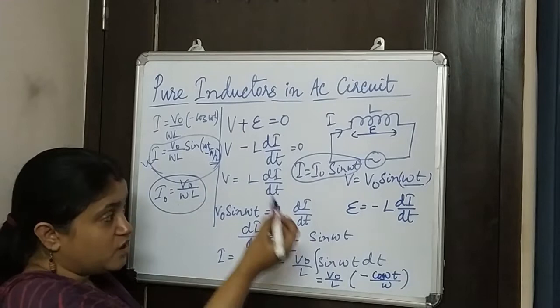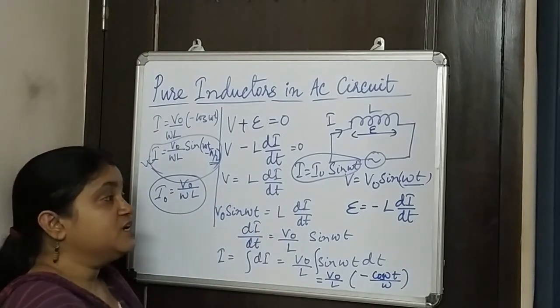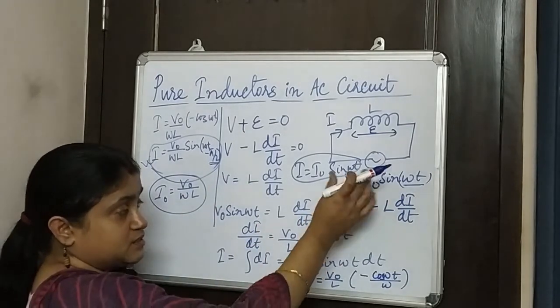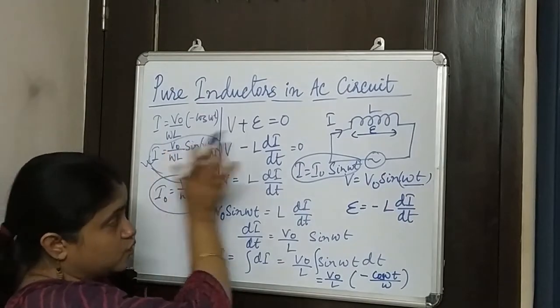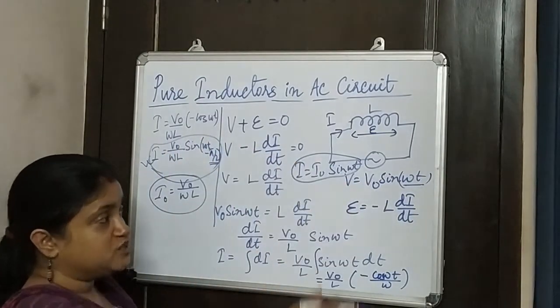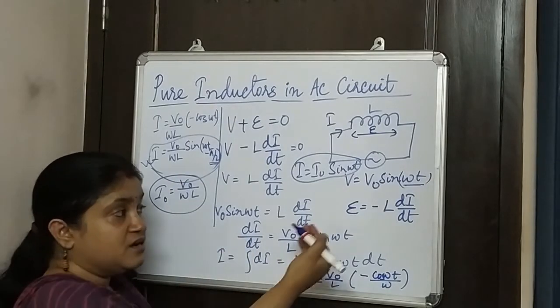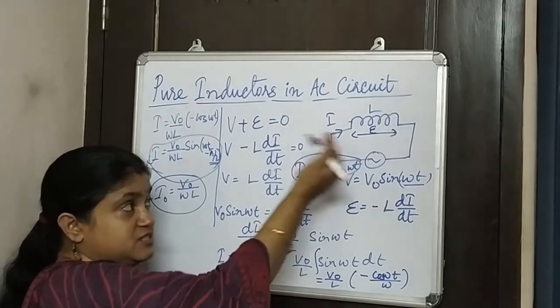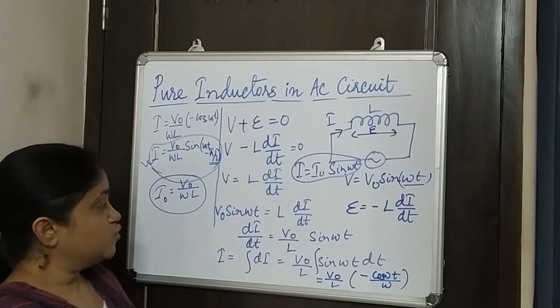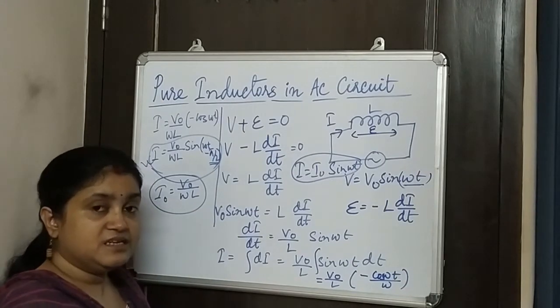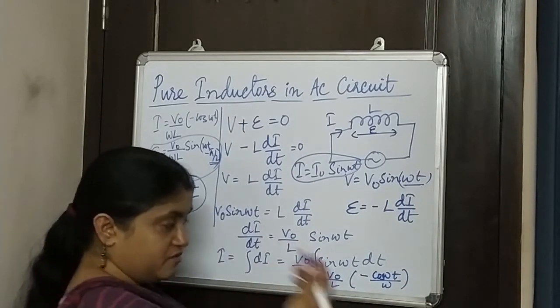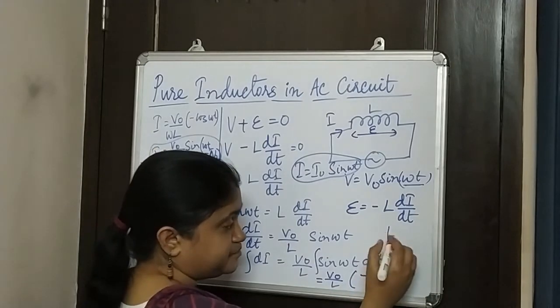And the second thing that we got is the voltage. When we compare voltage and current, these two equations, what we see is the current is lagging behind by 90 degree in this particular circuit. So I can represent it in a vector or a phasor diagram.